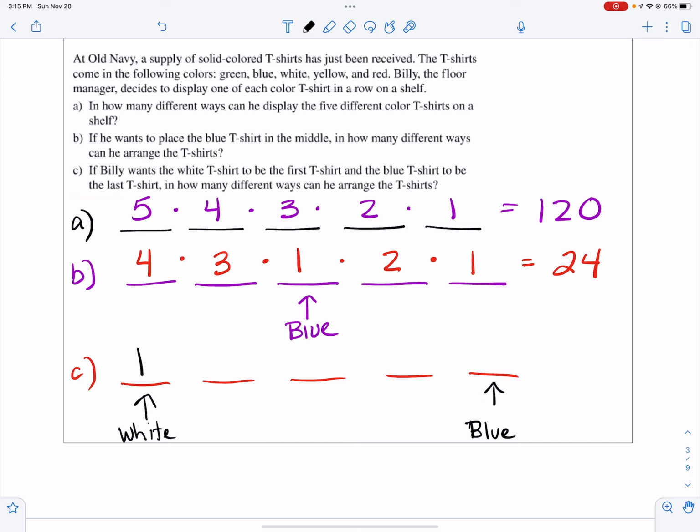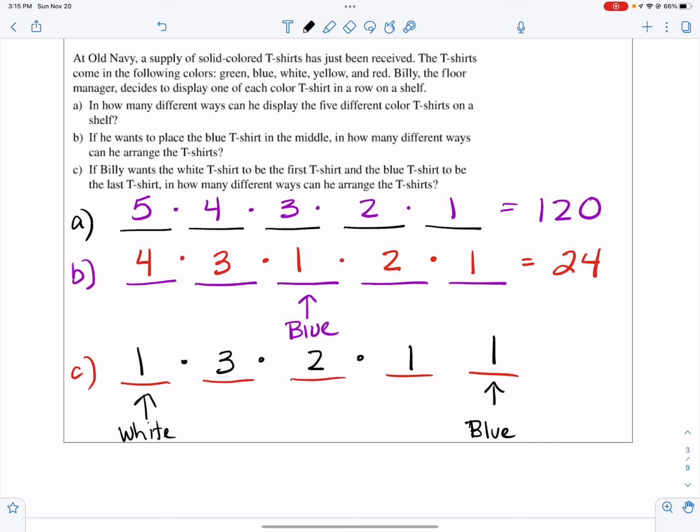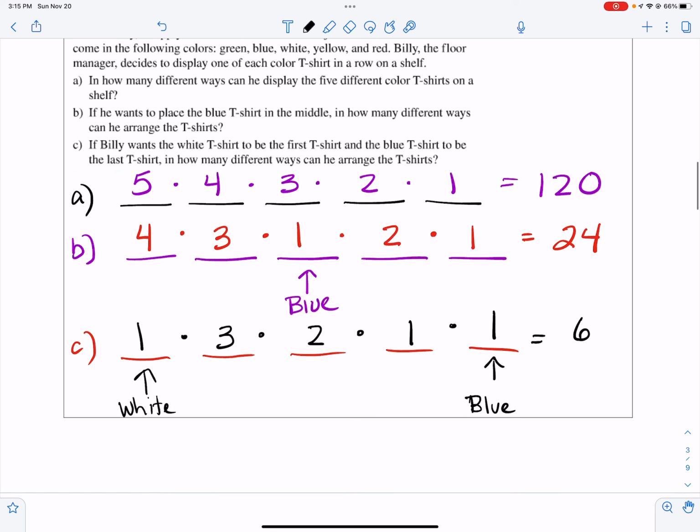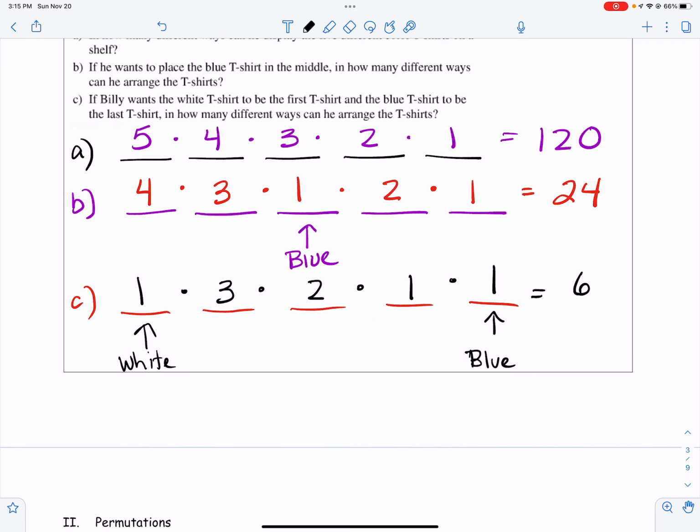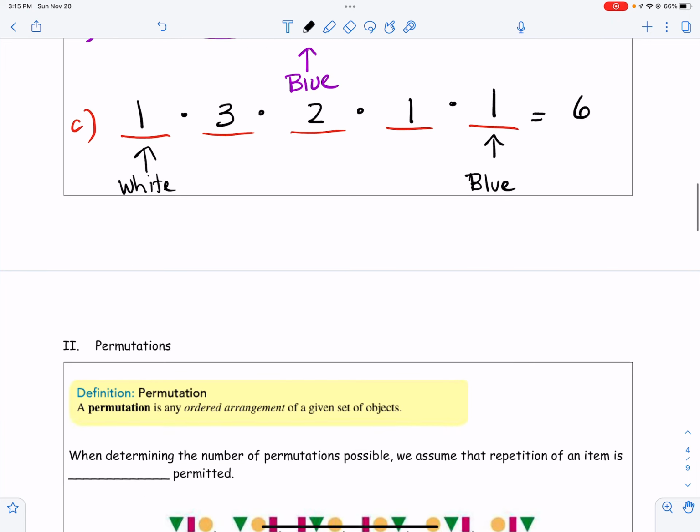So we've got 1 choice for this spot and 1 choice for that. So we've used 2 of our colors. That means we have 3 left. We have 2 left. And then we have 1 left. And so when I multiply this out, we only have 6 possible choices if we make the first spot on the table white and the last spot on the table blue, okay?